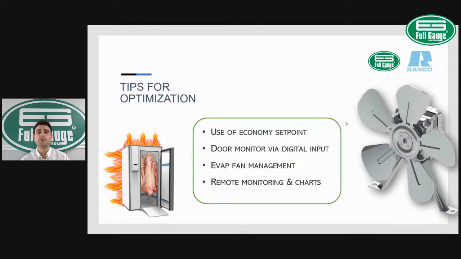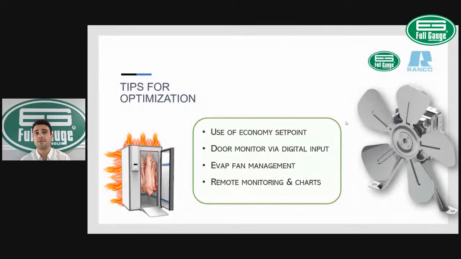Another nice way to optimize the defrost cycles is the adoption of a door switch through the digital input of those electronic controllers. By adding a door switch to the digital input, you can monitor the door opening and shut down the evap fan when the door is open, for example.